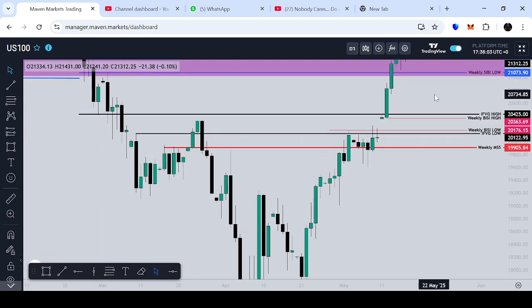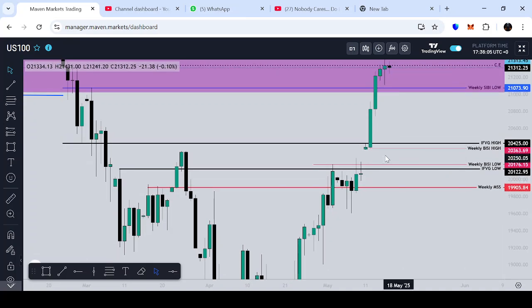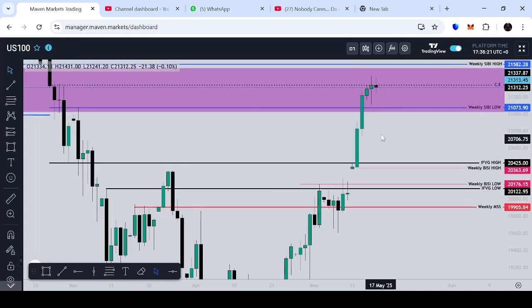Here on the daily time frame, this is a new week opening gap between last week's Friday, that's 9th May, and 11th May. This is a new week opening gap. Price has not filled it up yet. It's a void, you could see it's a gap there.